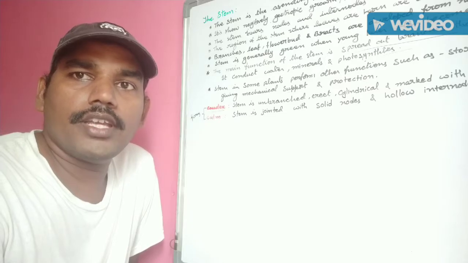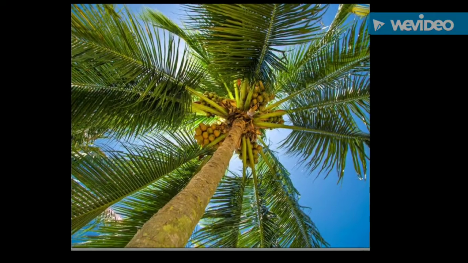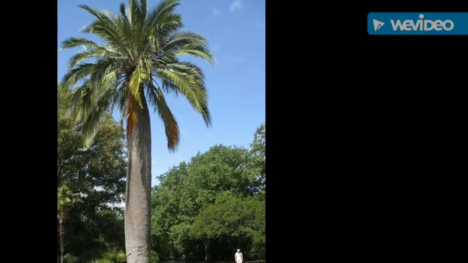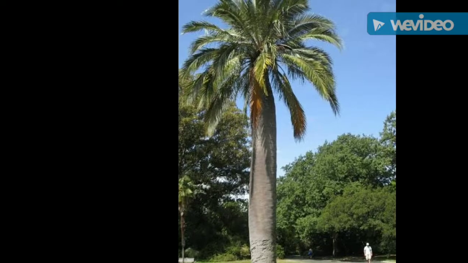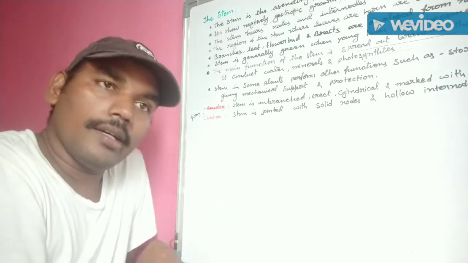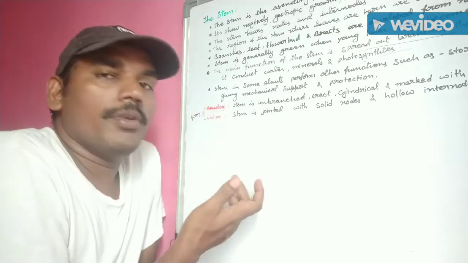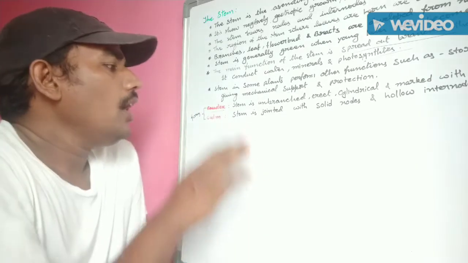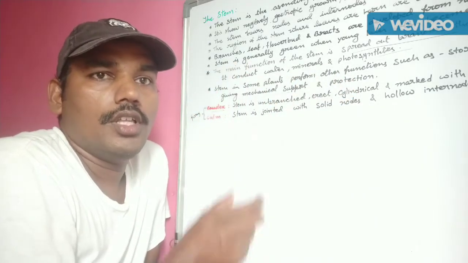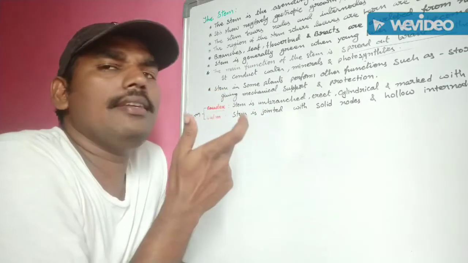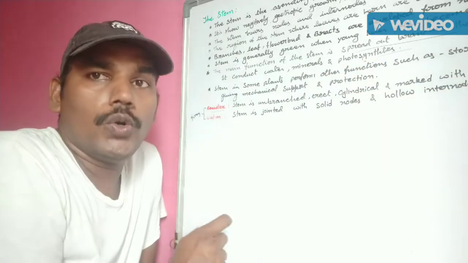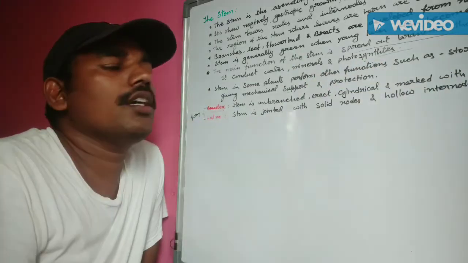Understand? Listen to these figures. Another one, culm, C-U-L-M. Culm. This one is the other form of the stem. In this, the stem is jointed with solid nodes. The solid nodes are easily found, and hollow internodes. Hollow, the empty space is visible.